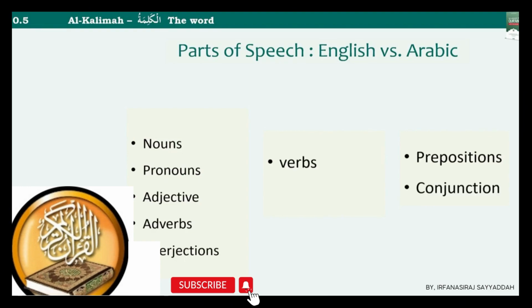Possibly there are other ways of classifying, but this is the most common way that English words are subdivided. Every single English word in the language can be put into one of these columns. Now in English, we have around, according to some scholars, 600,000 words. So each and every word should be able to fit into one of these categories.